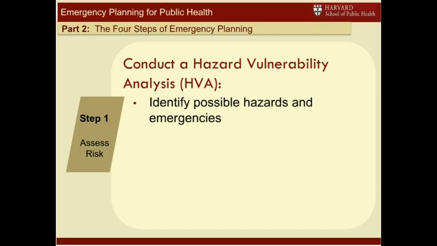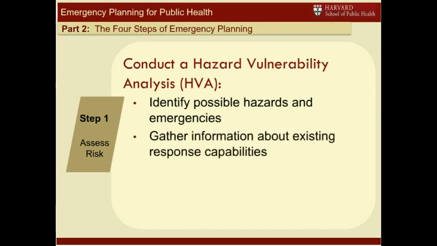Data on naturally occurring events such as hurricane frequencies or 100-year floodplains may be available from local emergency management agencies. Next, gather information about your community's existing response capabilities. Include any aid or support from neighboring communities. Often, they can provide equipment, staffing, or other help.